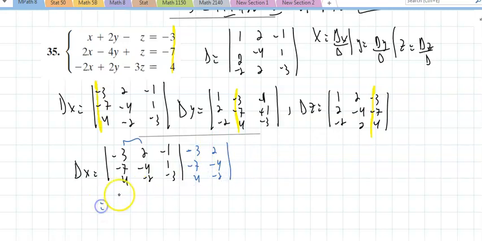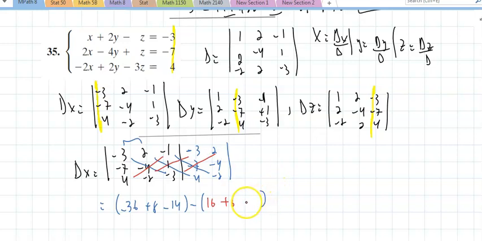And I could say that is 12 times 4, 36 negative, plus 8 minus 14 minus a 16 plus 6, and that is a 6 plus 42, whatever that is.